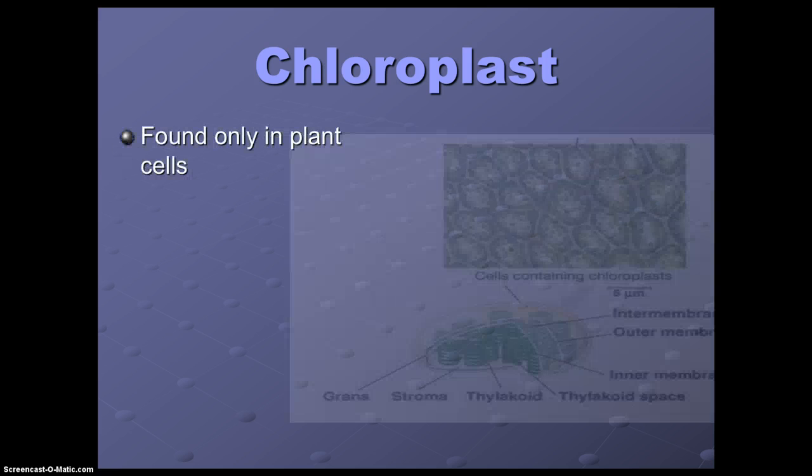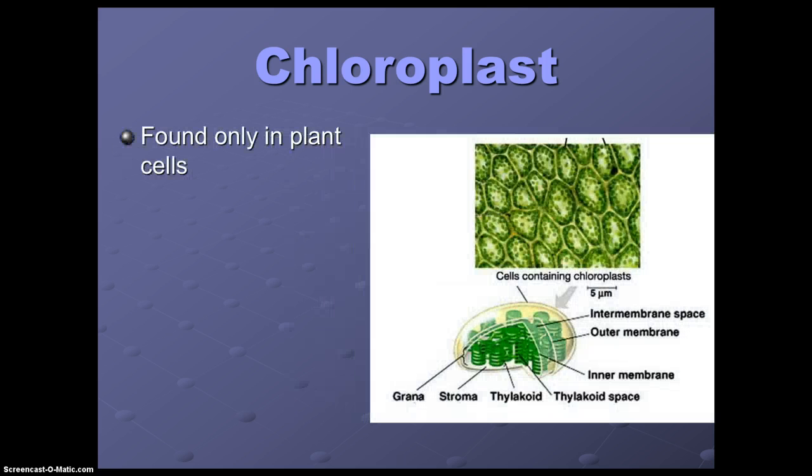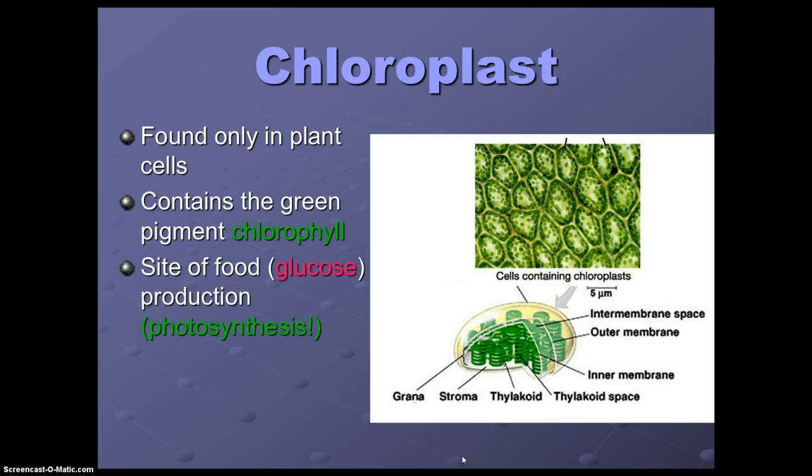Chloroplasts are responsible for photosynthesis. So notice they're green. They contain the pigment called chlorophyll. Chloro means green. Plast is a place. Chloro means green. Fill is a pigment. And this is where we make glucose.